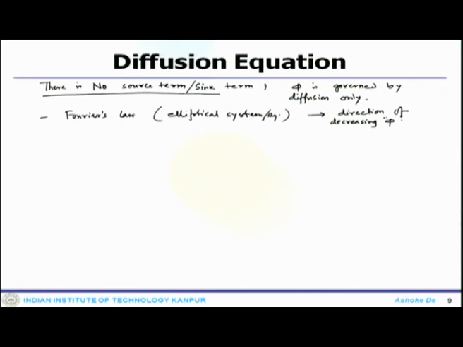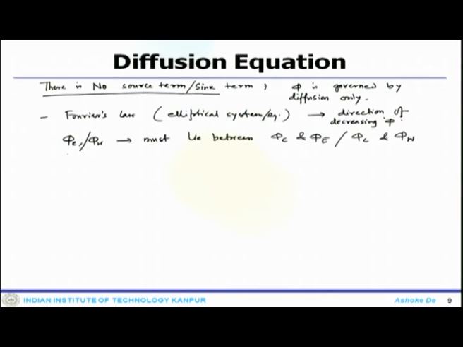So, phi is governed by only diffusion, and the values of phi E or phi W must lie between phi C and phi E, or phi C and phi W. Since it is a pure diffusion process without any source term, the surface variables would be lying between these two centroid values.